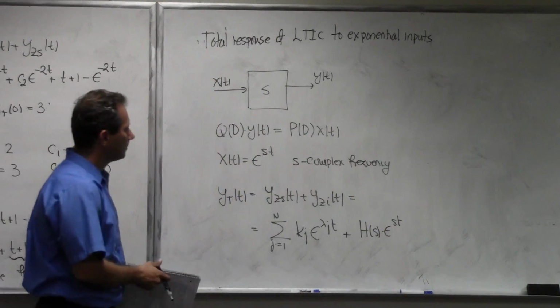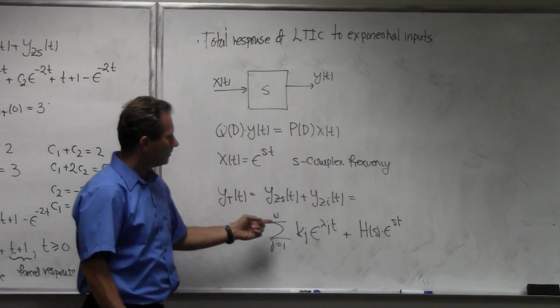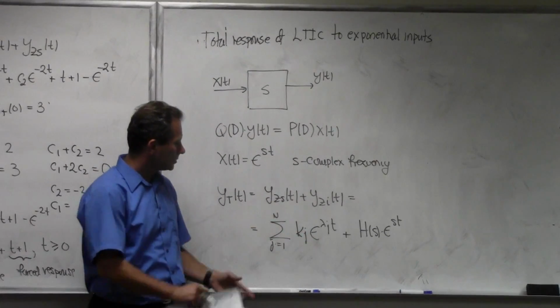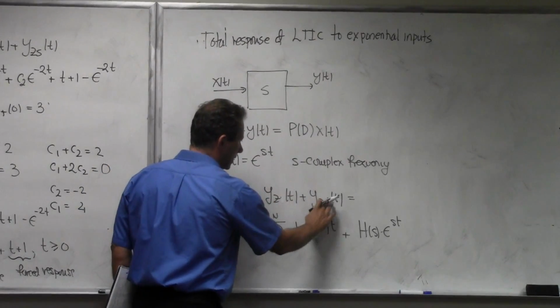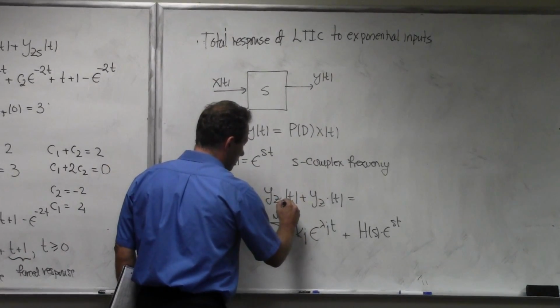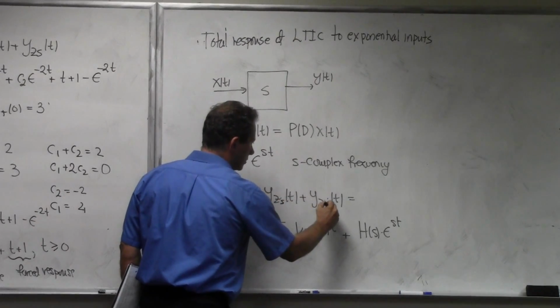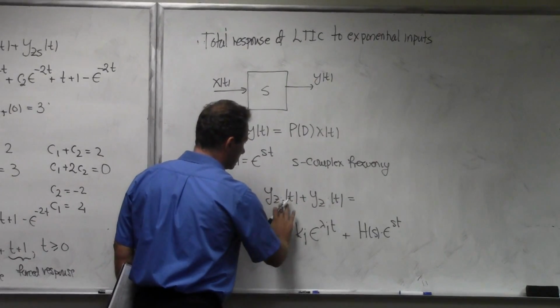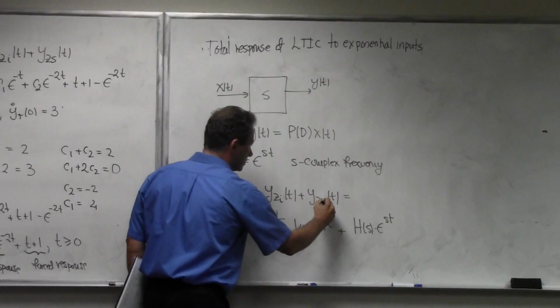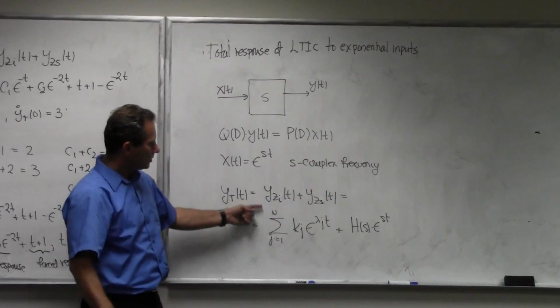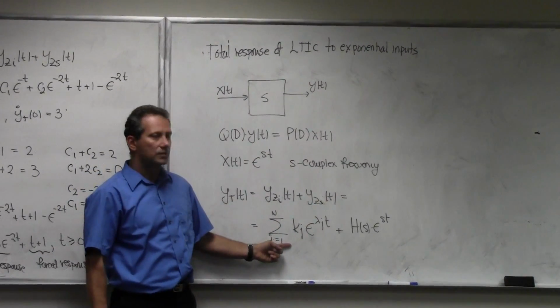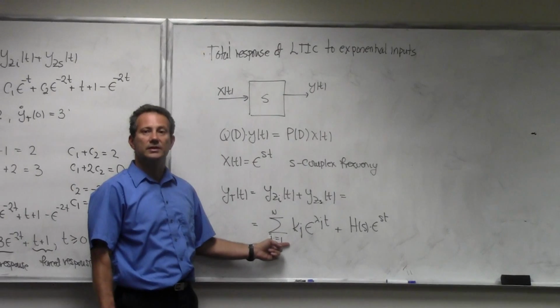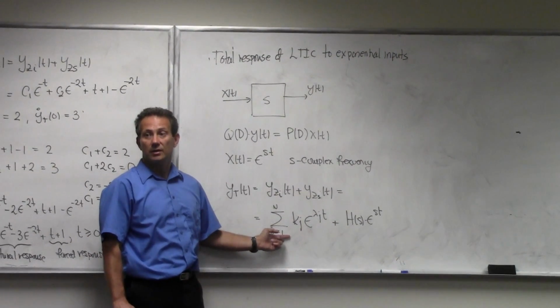Where is this coming from? We discussed last time that zero input response consists of a whole bunch of characteristic modes. We've learned that that's always the case. Right?